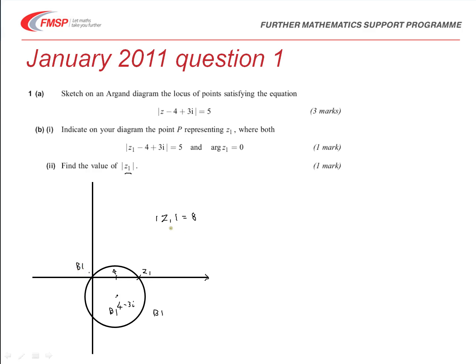Then in part B, you get 1 mark for marking z1 in the correct place. Obviously, if you haven't had the correct diagram, they'll still be generous and give you a mark if you've marked a point on the real axis. And then finally, for getting the modulus of z1 equal to 8, you will get the final mark to give you the 5 marks altogether.